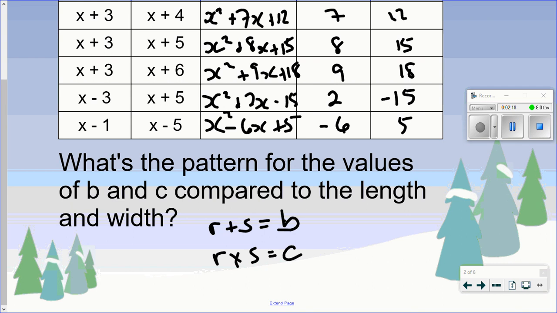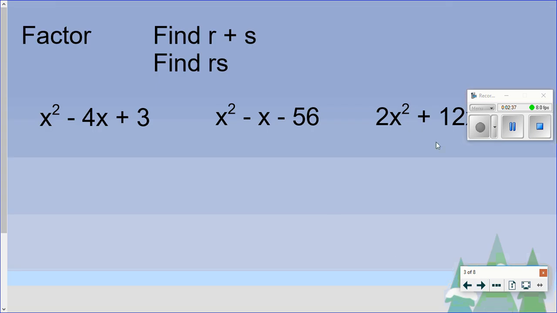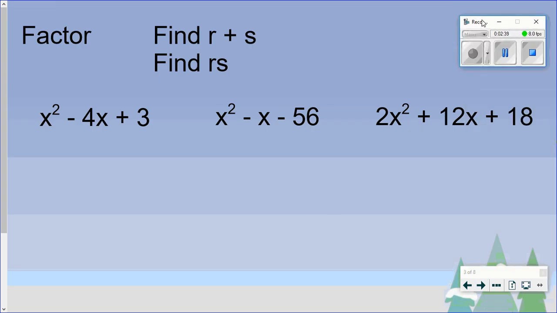So hopefully you remember from last chapter the formatting, that dreaded formatting, of multiplying things out. So we're going to have a look.